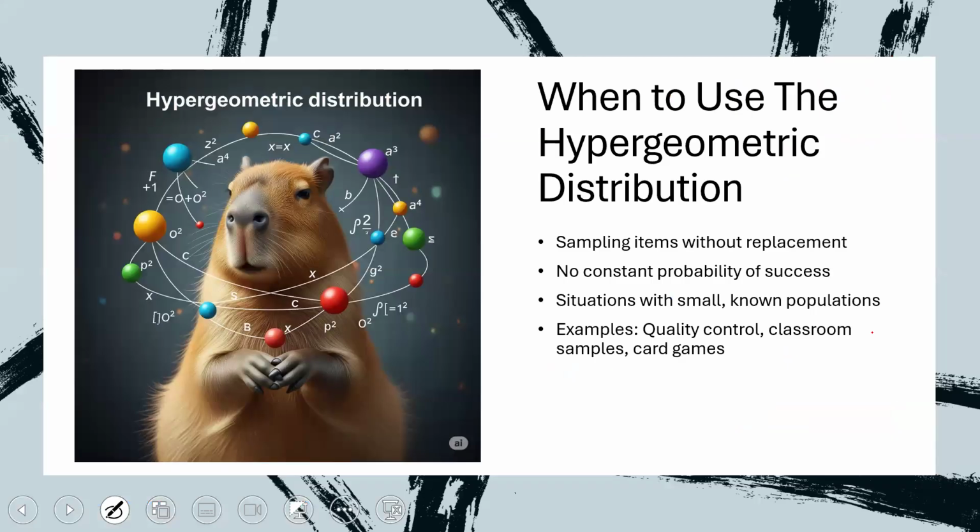The hypergeometric distribution is appropriate in situations like drawing items without replacement, populations that are small and known, and situations where probabilities change between draws.